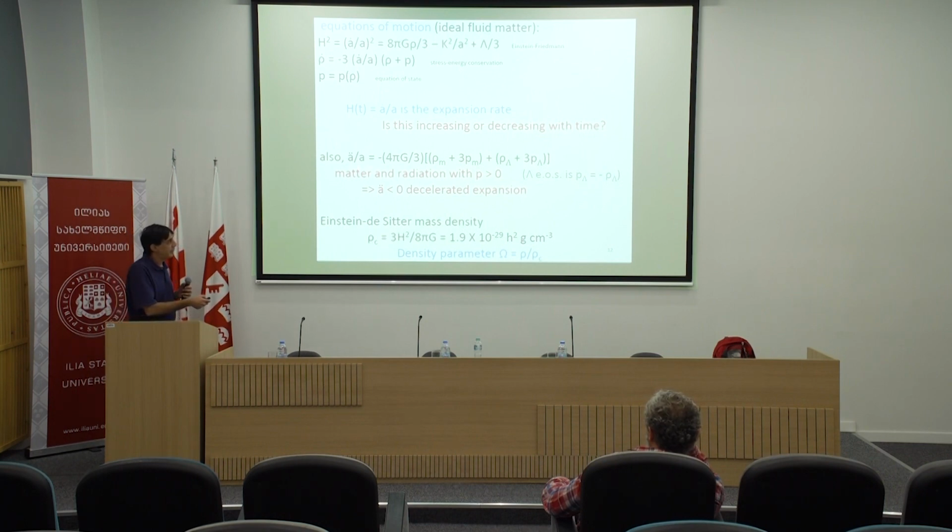One way is to introduce a new substance called the cosmological constant. The symbol lambda is a symbol for the cosmological constant. It's got a rho, and it's also got a pressure.